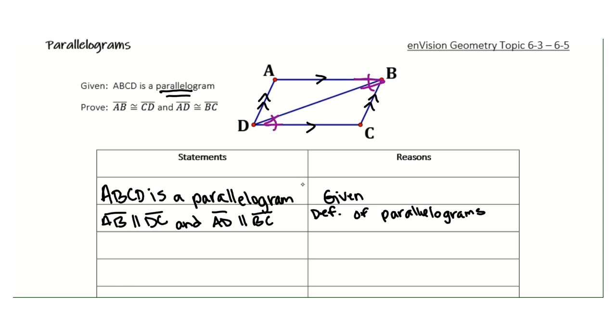And I can say that because they are alternate interior angles. I know this because I have two pairs of parallel lines with a transversal cutting through them. So here I have angle ABD is congruent to angle CDB by alternate interior angles.